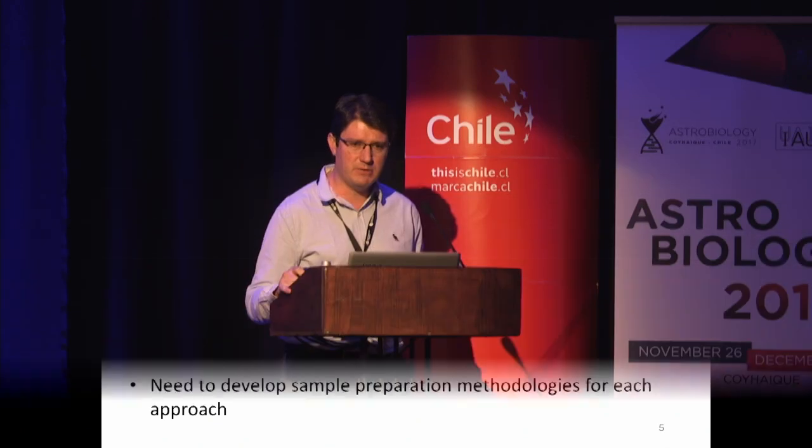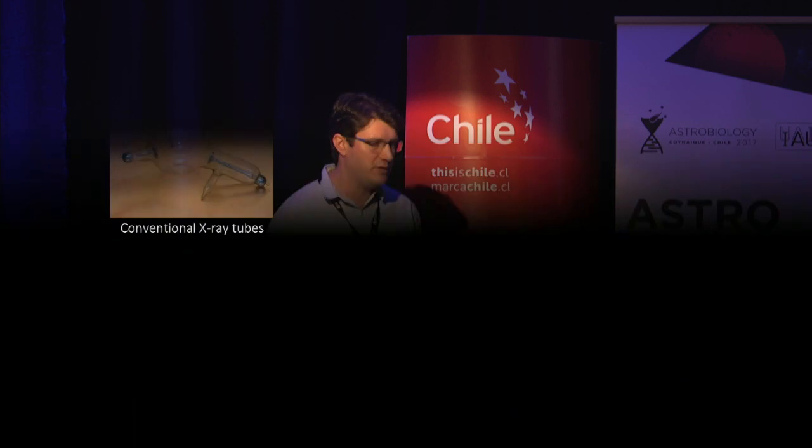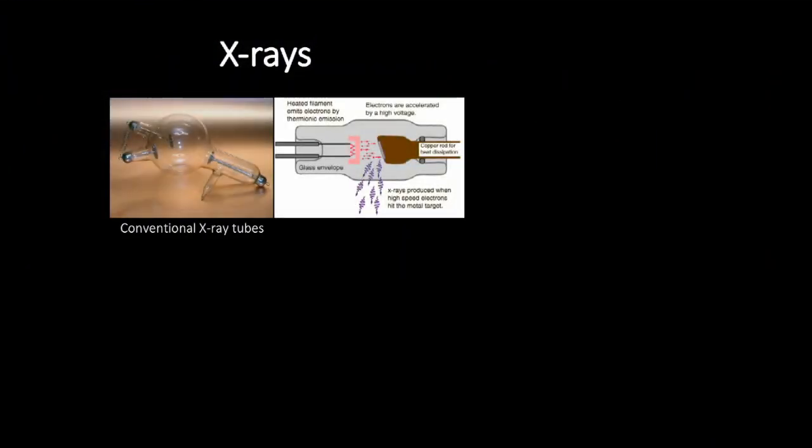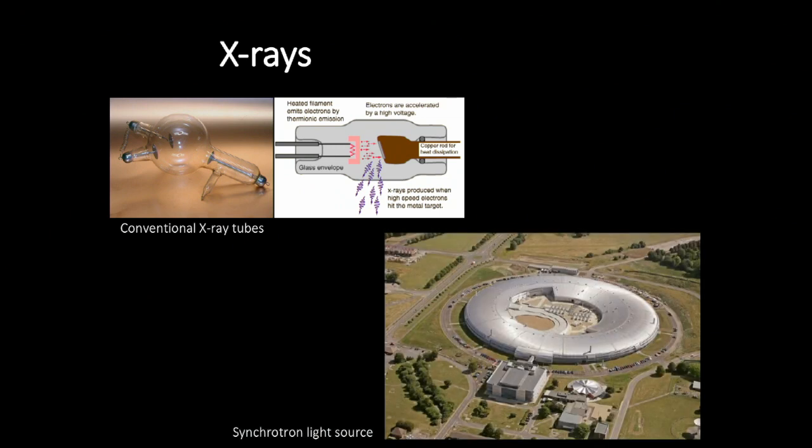And I'm talking about the use of X-ray-based techniques for this characterization, and synchrotron most of the time. And you all know that X-rays can be produced by X-ray tubes, where you essentially accelerate electrons and bombard a metal target, which will produce essentially monochromatic radiation. But these are cheap, these are small, but I would like to point out the significance of the use of synchrotron sources.